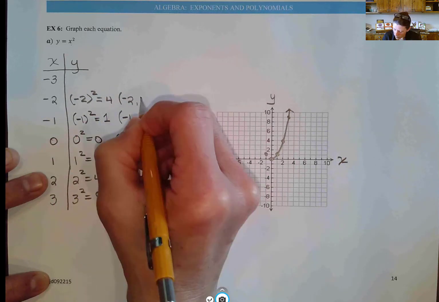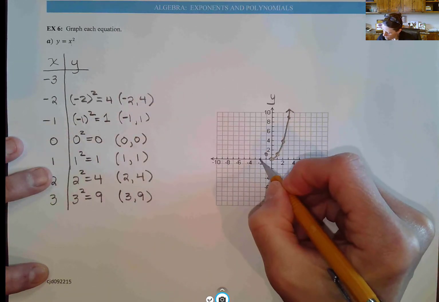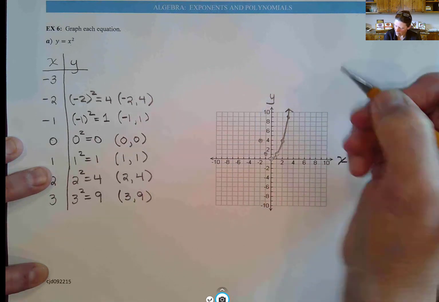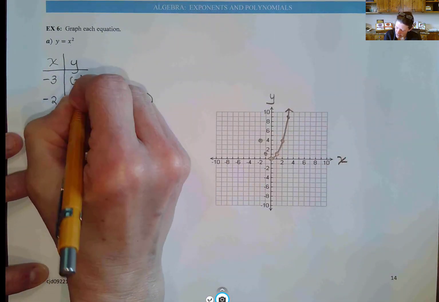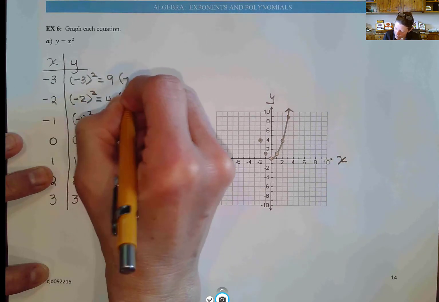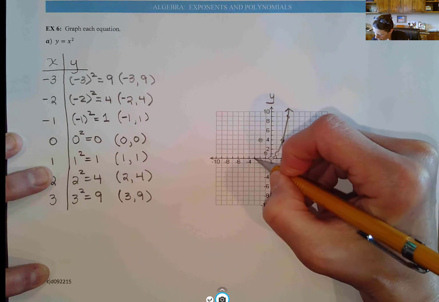That generates the ordered pair. I'm going to plot that as the point -2, 4. And lastly, if x is -3, -3 squared is +9. That generates an ordered pair, -3, 9.